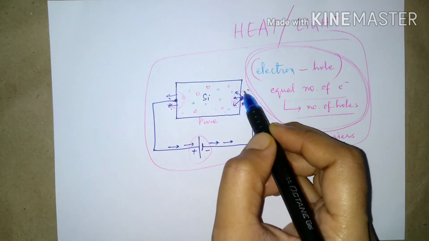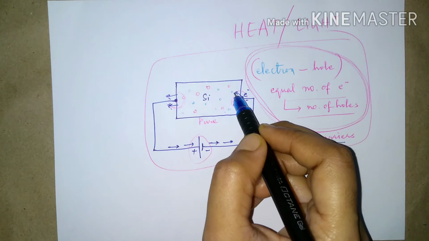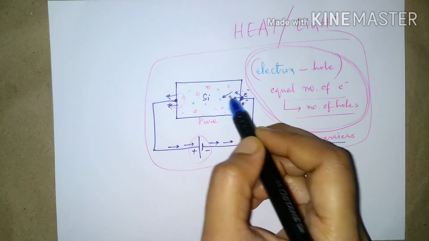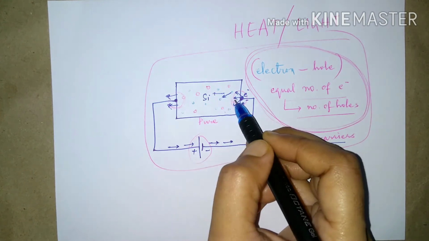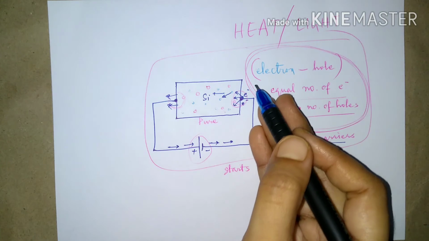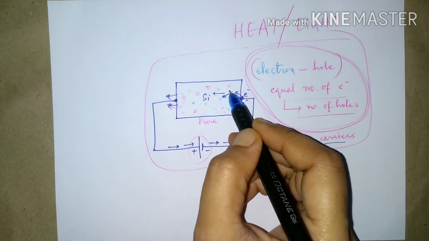So once you have an electron nearby, the negative terminal starts to repel this electron. So this electron has a tendency to move in this direction. In the process of moving towards the positive, this electron should go and fill the hole.